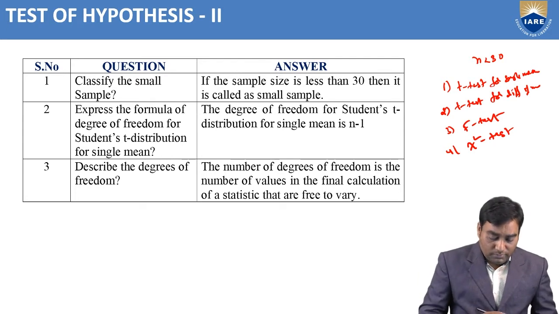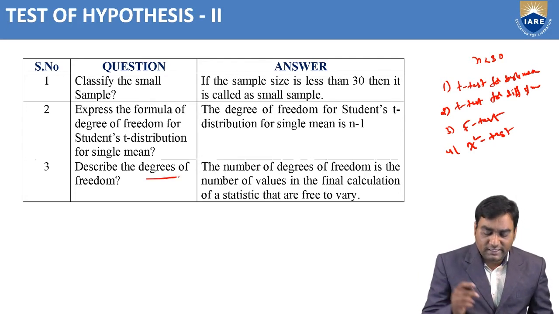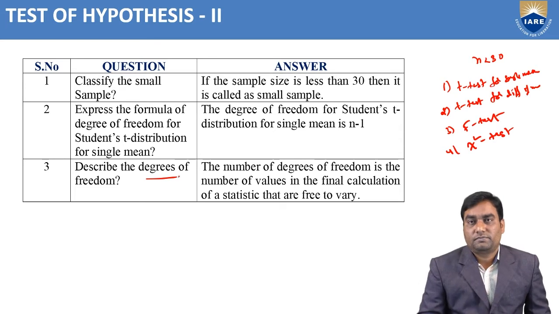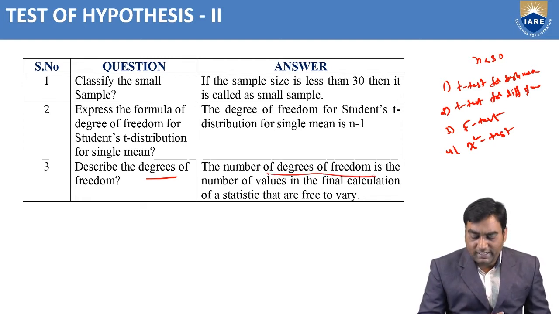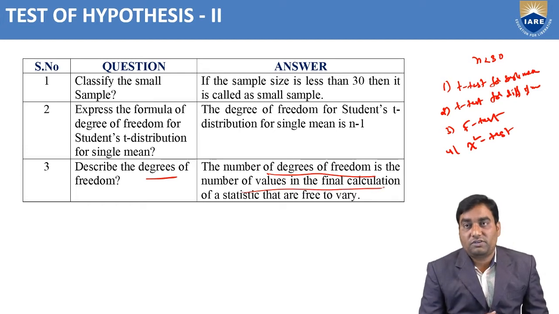The second question, what is the meaning of degrees of freedom? This is the most important concept in test of hypothesis for small samples. See, the number of degrees of freedom is the number of values in the final calculation of a statistic that are free to vary.